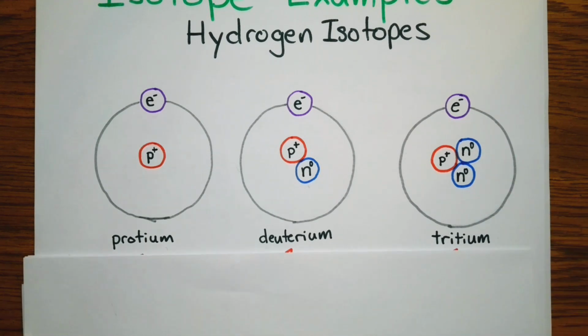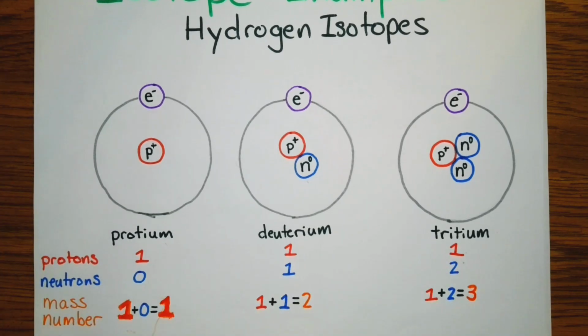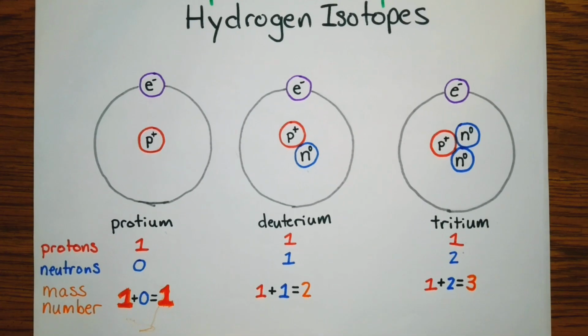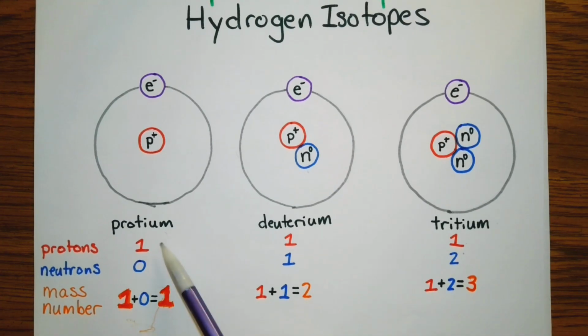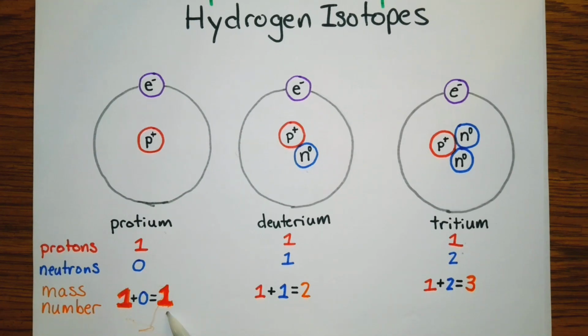Okay, they all chemically react like hydrogen, however, they have different nuclear properties. And so let's look at it in this way. For these hydrogen isotopes, protium has 1 proton, because all of them will have 1 proton, because they're isotopes of hydrogen. It has 0 neutrons. So the mass number would be 1 proton plus 0 neutrons to give us a mass number of 1.